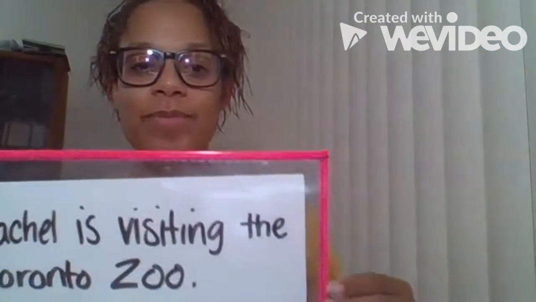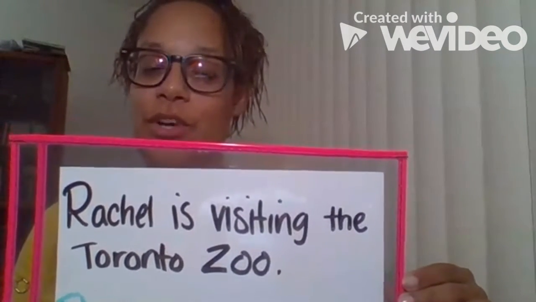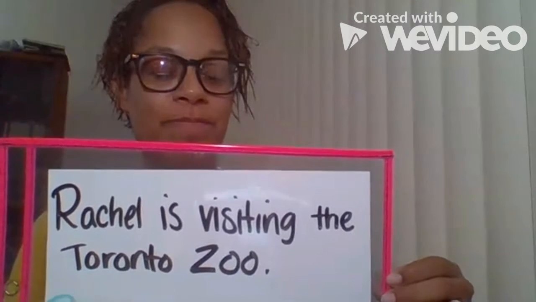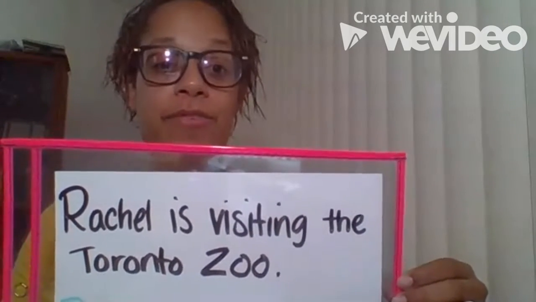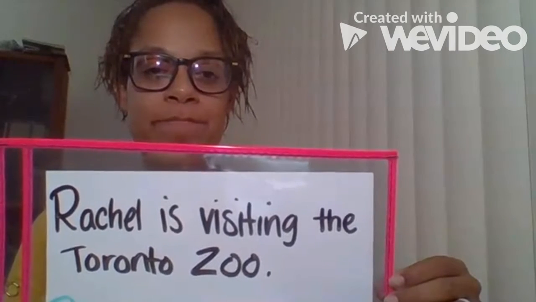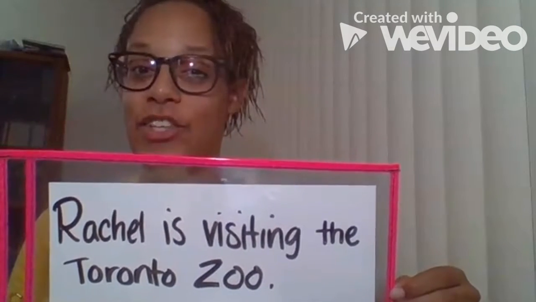So please take a look at this first sentence here. Rachel is visiting the Toronto Zoo. I want you to identify the verb phrase in the sentence. Did you say is visiting? If you did, that is correct.